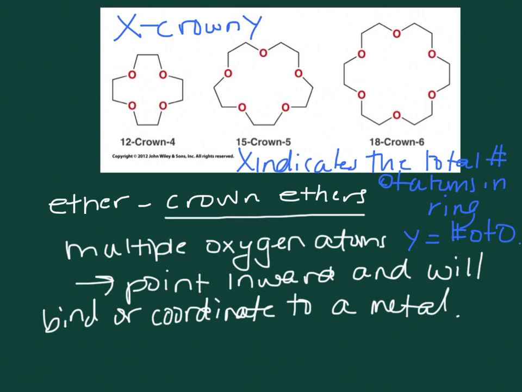Okay, so here we have 12 crown 4, where there are 12 atoms in the ring, 4 oxygens, 15 crown 5, and 18 crown 6.